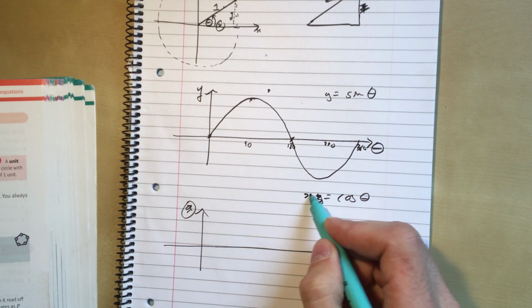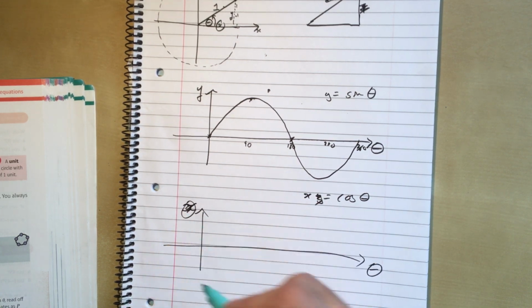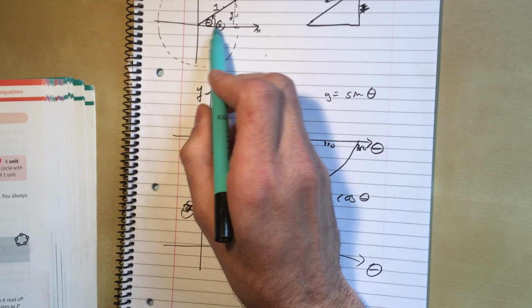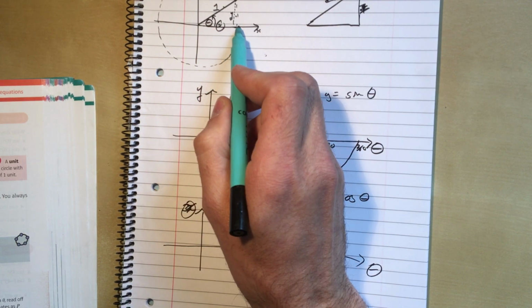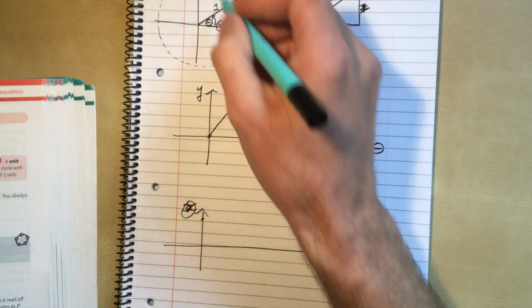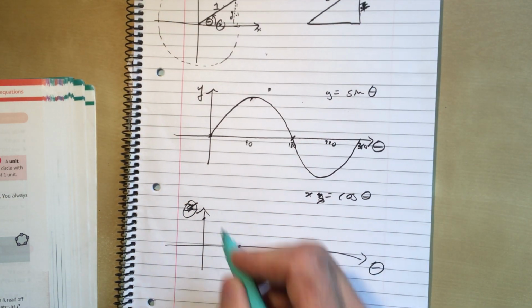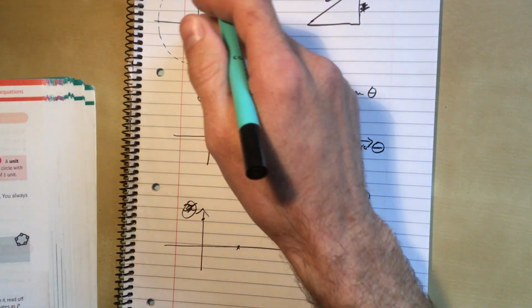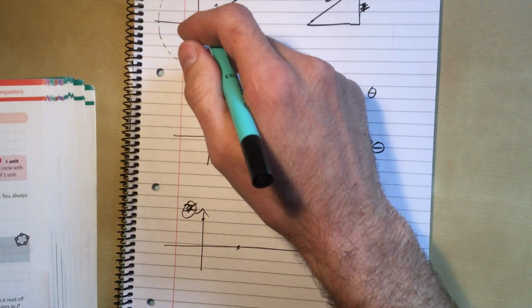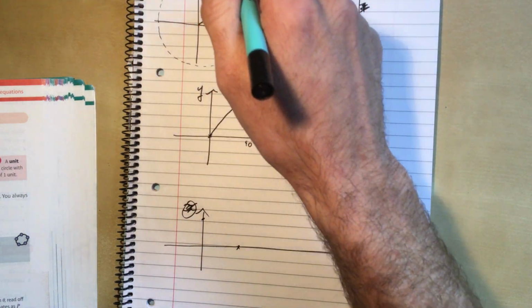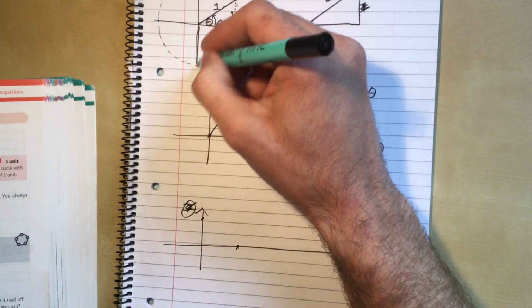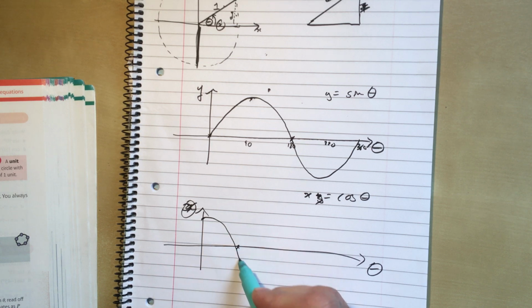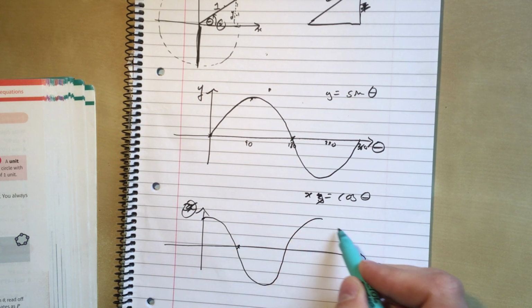So in this graph, I'm actually going to draw x equals cos theta, and x is now on the vertical axis. But you see the same idea. When theta is 0, x is 1. Then by 90 degrees, the x-coordinate has gone to 0. As we keep rotating around, the x-coordinate goes down to -1. Then when the line is rotated all the way down to here, the x-coordinate is 0 again. And so we end up with our familiar shape of the cos graph.